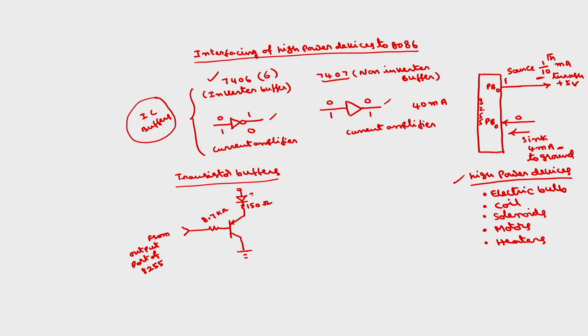This you can connect to the LED, or you can even connect an electric bulb here. This is connected to plus 5 volts. Now the advantage of this setup is, this is using an NPN transistor. If it is PNP also, a similar type of configuration will be there, only the resistor values will be different, and the connections are somewhat different.